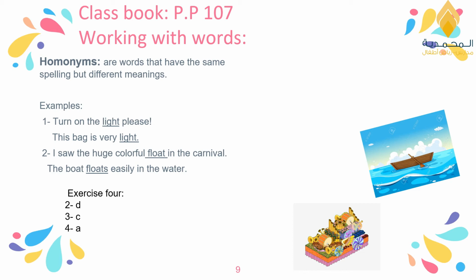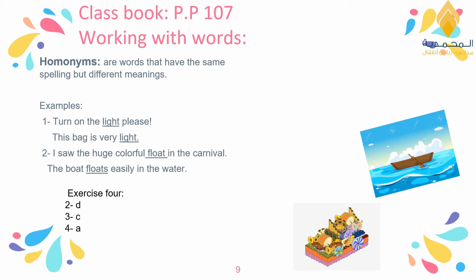Take a look at the second example. I saw a huge, colorful float in the carnival. The boat floats easily in the water. In the first sentence, float is a noun, and in the second sentence, floats is a verb. A float in a carnival is a very big car.